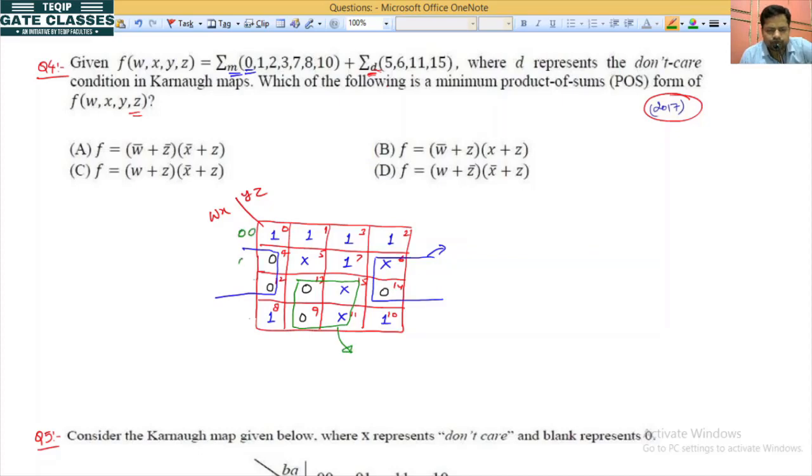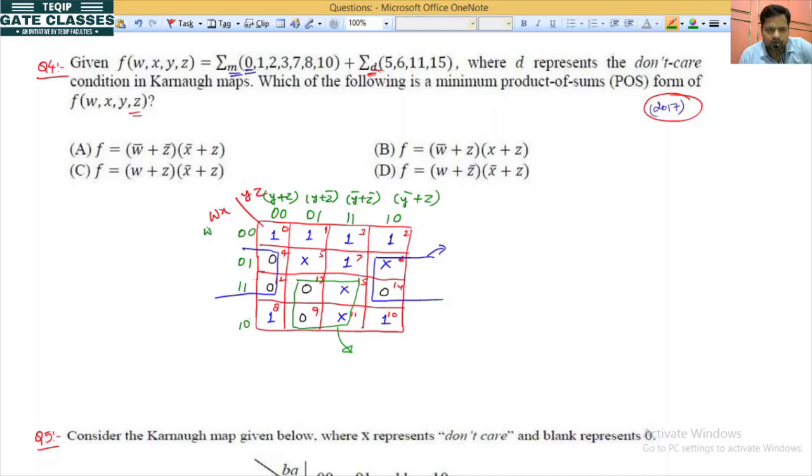0 0 0 1 1 1 1 0 0 0 0 1 1 1 1 0. So 0 represents the normal form in max term, it will be y plus z. This one will be y plus z bar, this one y bar plus z bar, this one y bar plus z.